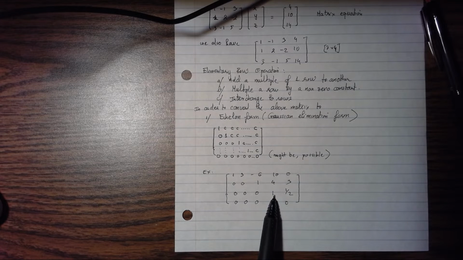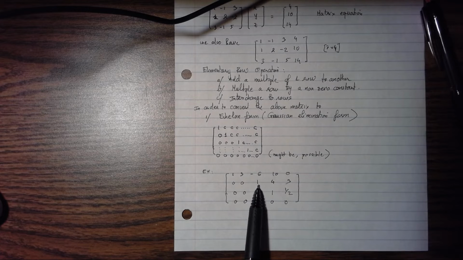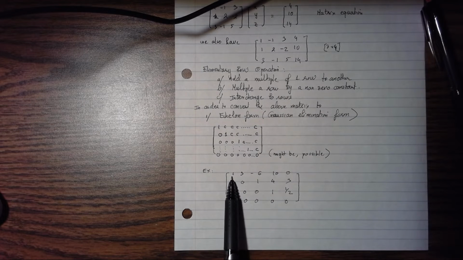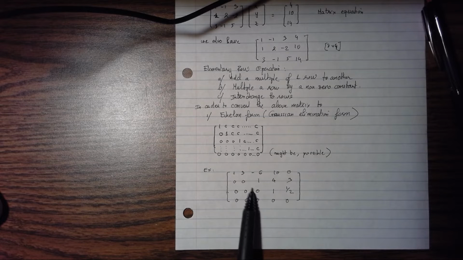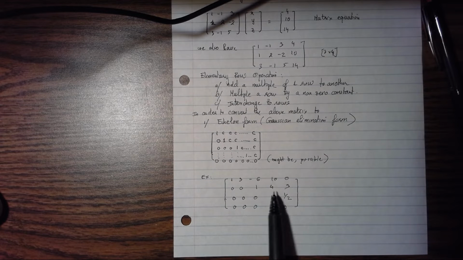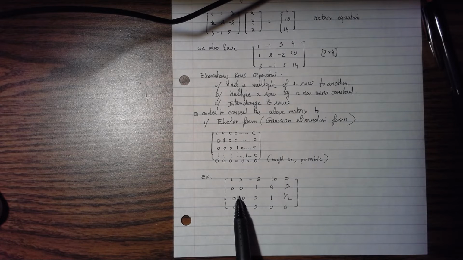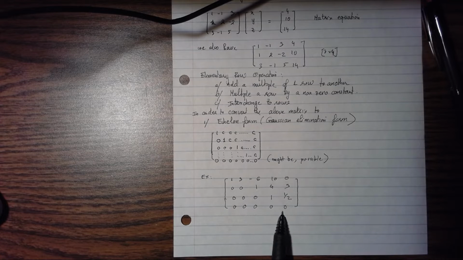This 1 is on the right of the 1 on the first row, and on the left is 0 all the time. On the right of that 1 it could be anything, it could be 0 too, but on the left hand side it must be 0. And if you have 0 for all the entries in a row, then it must be at the bottom.